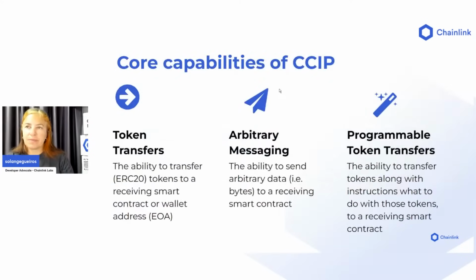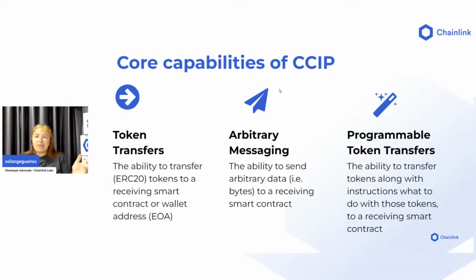We have these core capabilities of CCIP, like the token transfer. This is what we are doing today. This is the ability to transfer ERC20 tokens to a receiving smart contract or a wallet address, the externally owned account. But next week, we are learning how to send an arbitrary message.